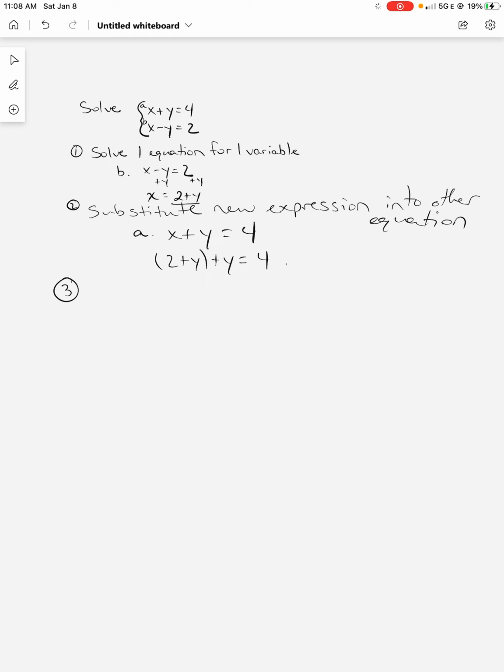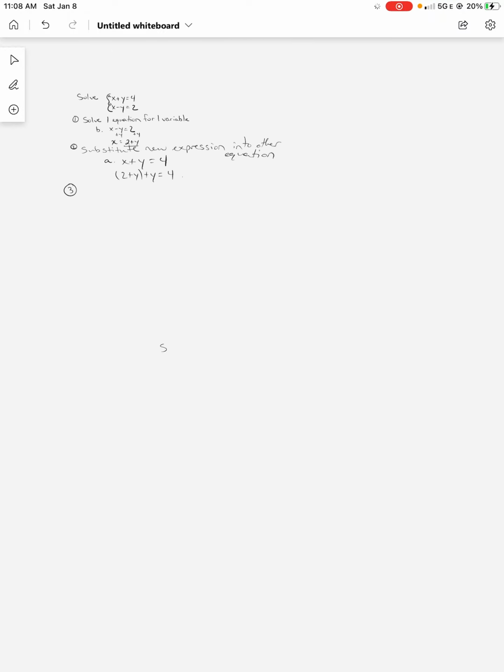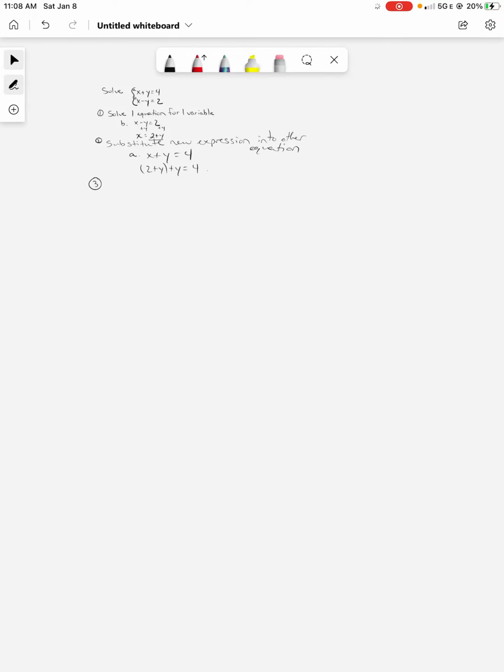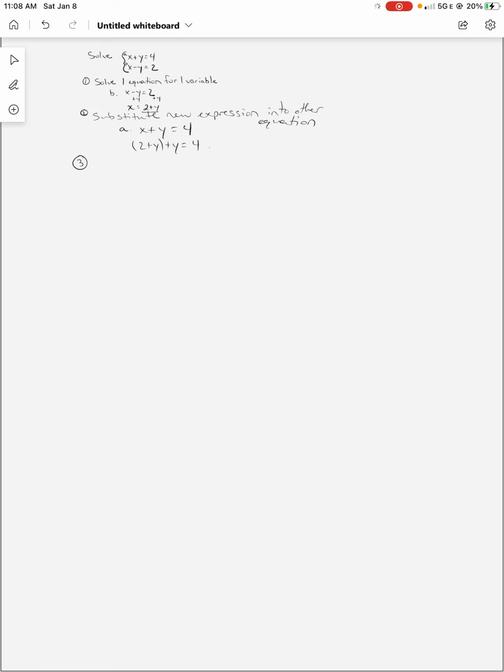Third, you want to solve for y, or whatever variable, the variable in step 2.